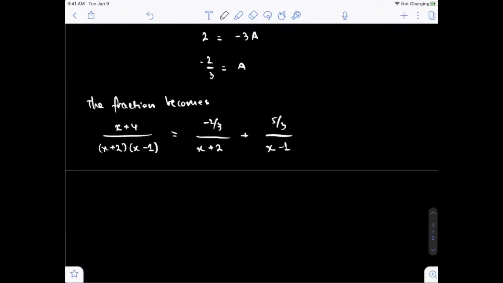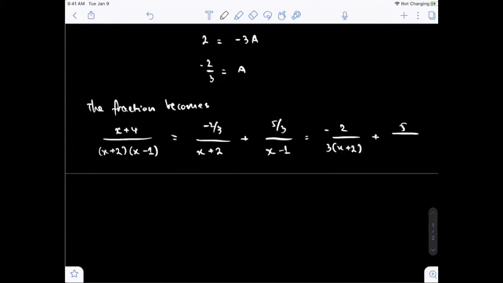Or you can write this as negative 2 divided by 3 times x plus 2 plus 5 divided by 3 times x minus 1.